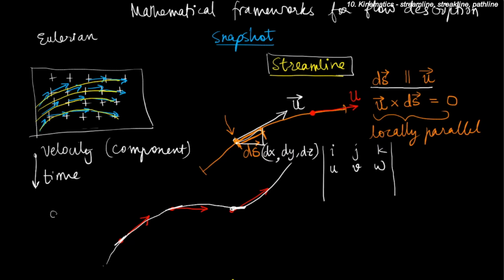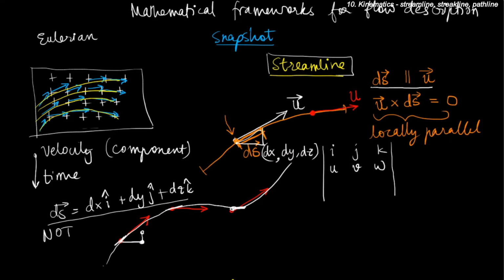So essentially the ds vector is dx i plus dy j plus dz k, and we must understand that dx, dy and dz are not independent, because I cannot vary dx by a certain amount and dy by only this amount. In order for me to lie on this particular curve, dy must necessarily be this quantity. So dx, dy and dz are such that we will always lie on the curve, which satisfies this particular constraint.